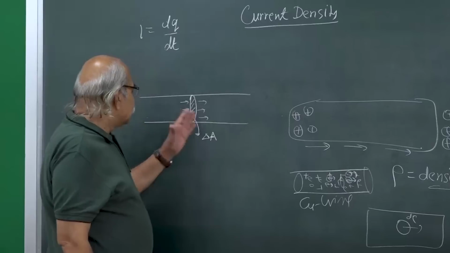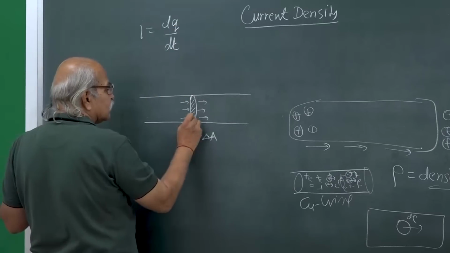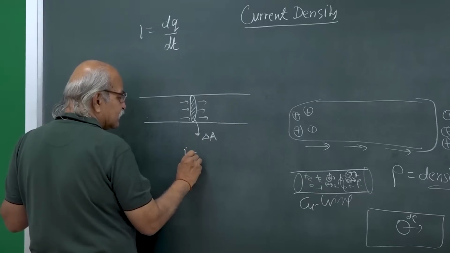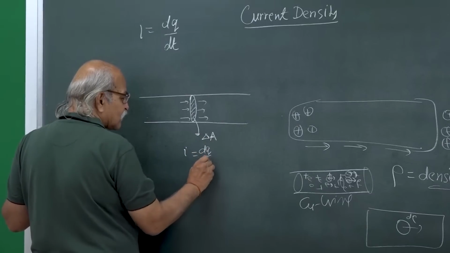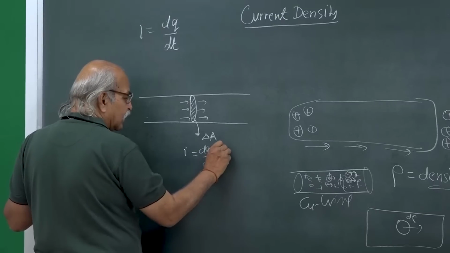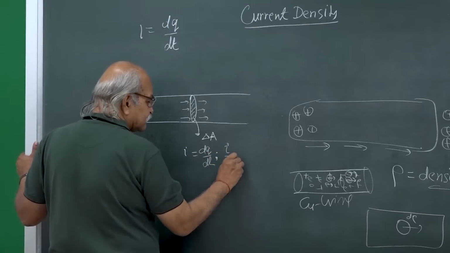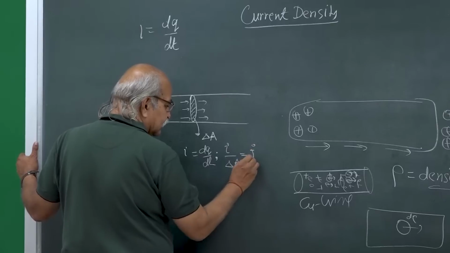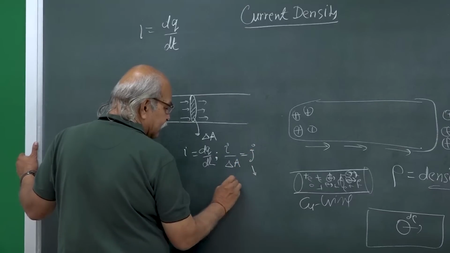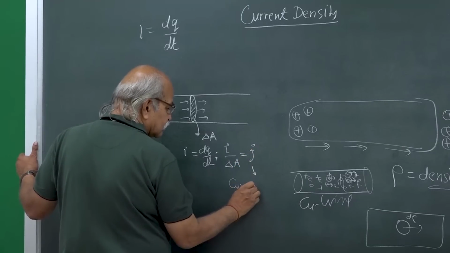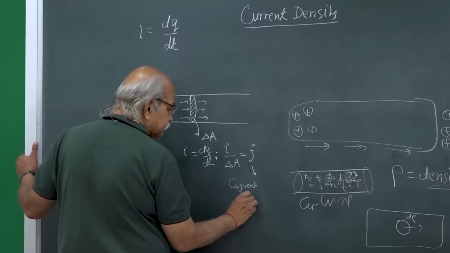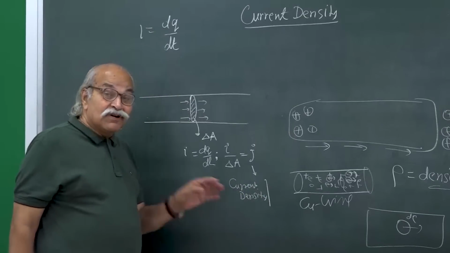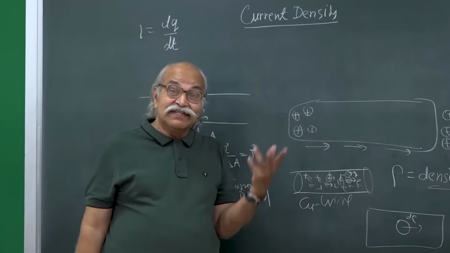Okay. So if dq is a charge which is crossing this area in time dt, then your current is dq by dt, and this divided by delta A is known as J, and this is called current density. So the word density is coming with different meanings.